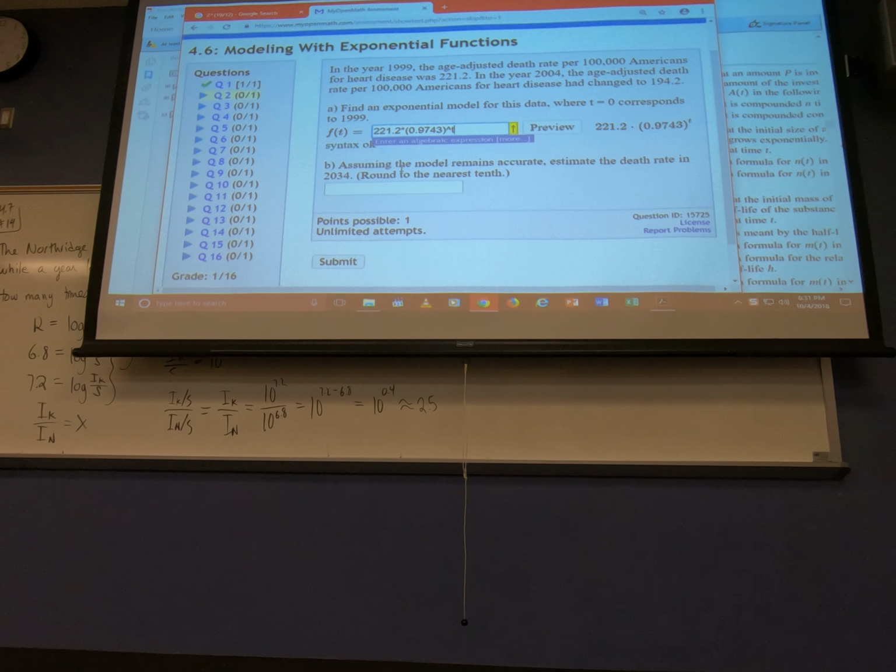Did I do that correctly? Yeah, looks right. So, assuming the model remains accurate, estimate the death rate in 2034.